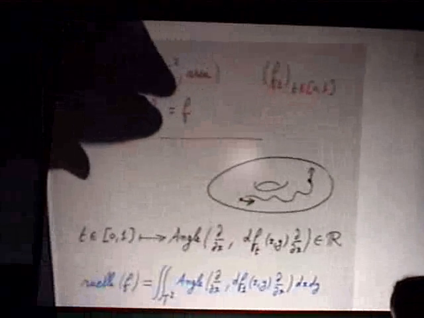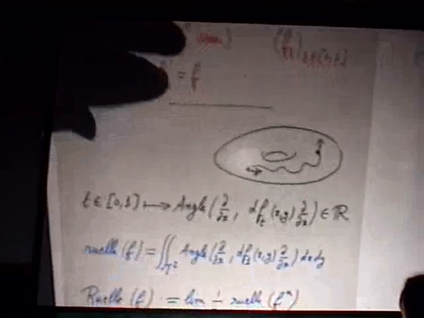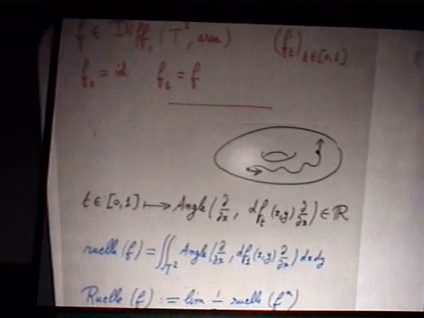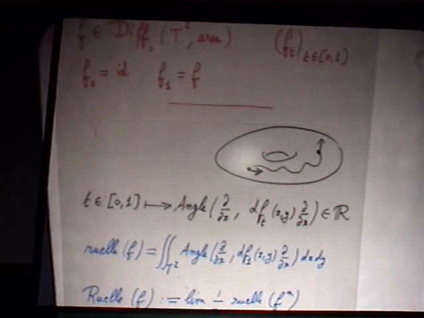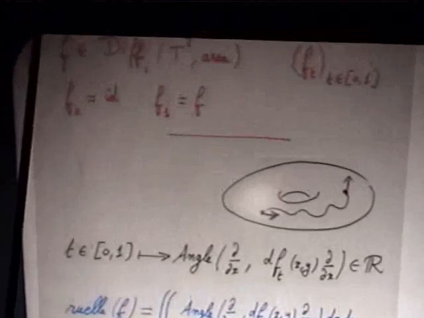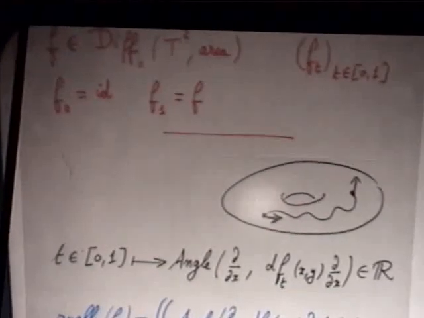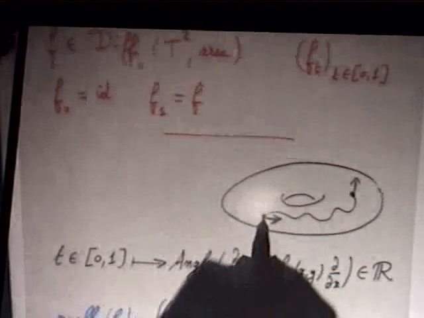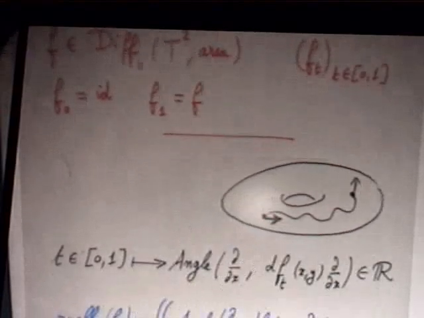You can consider a diffeomorphism of the two torus, isotopic to the identity and respecting the area. You connect it to the identity by some isotopy. So F0 is the identity and F1 is F. Now you choose some tangent vector at some point in the torus.